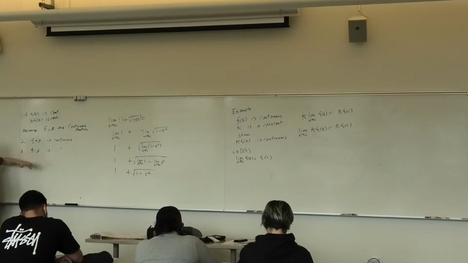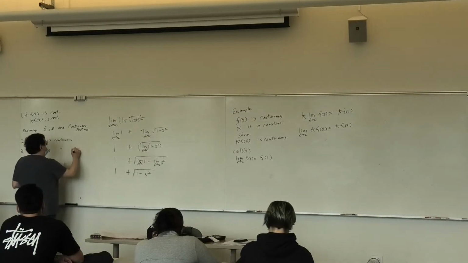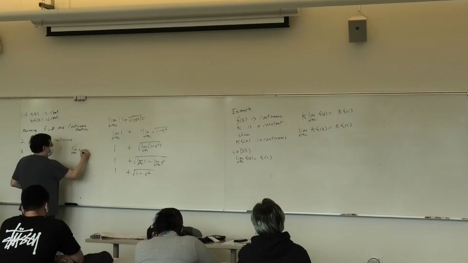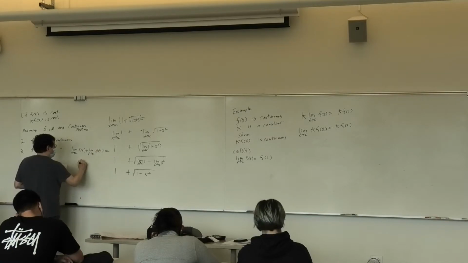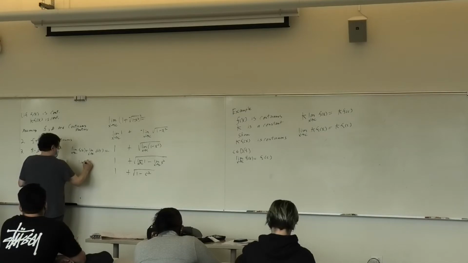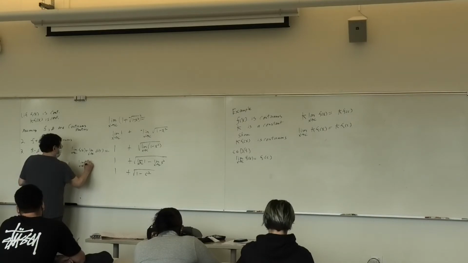Again, you can show these the same way we did the example over there. You use the associated limit law, and you show that you get an expression like the limit as x approaches c of f of x plus the limit as x approaches c of g of x. You just have to show that that's the limit as x approaches c of f plus g of x.